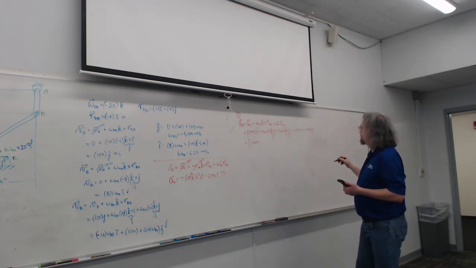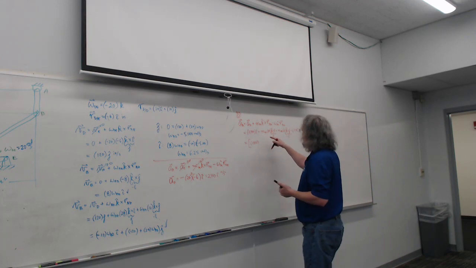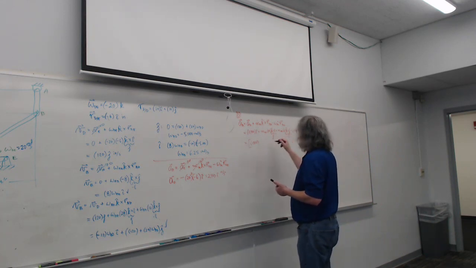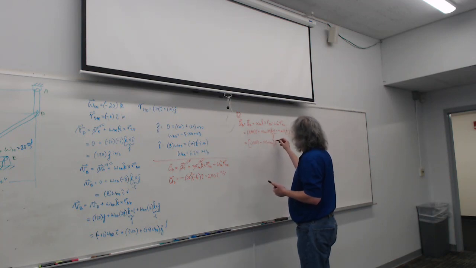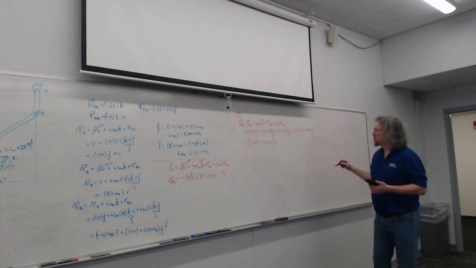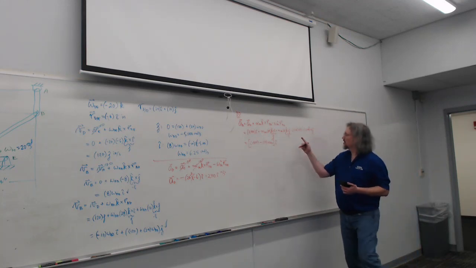And this is going to be the I, so it's going to be a negative 10 alpha BD. That's going to be I. Yeah, I think I got that right.